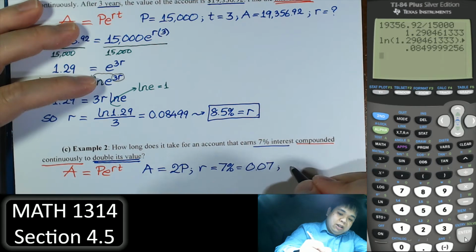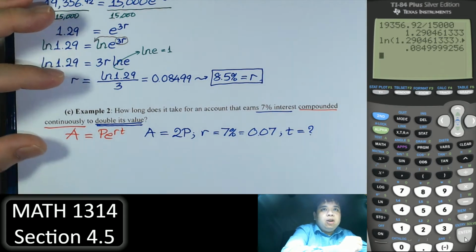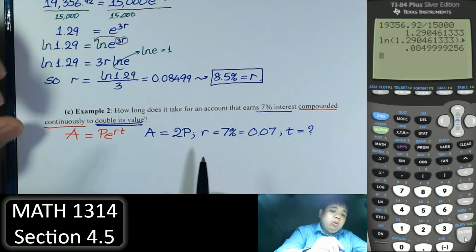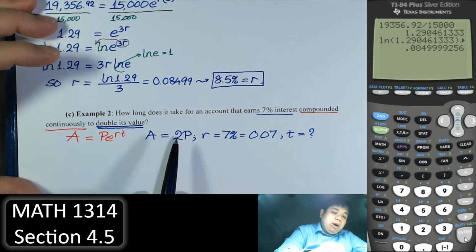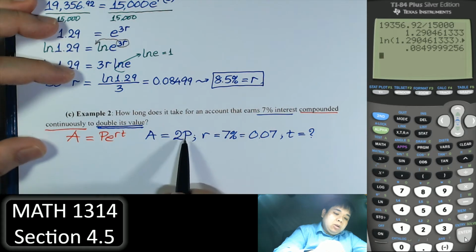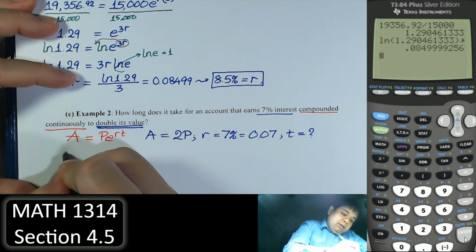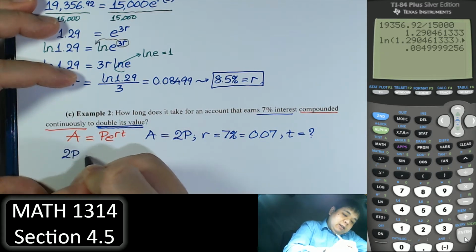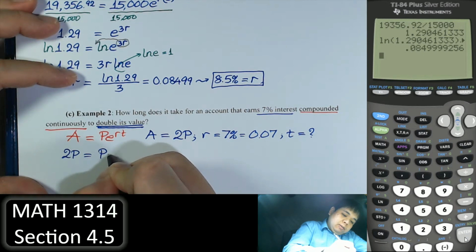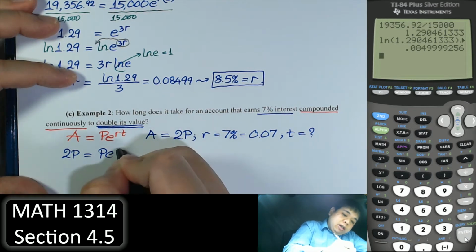And the question asks for how long, so as for t. Right, so that's all we have. It doesn't matter what the principal is, we're going to double that amount, so I'm going to put 2P in for A. We do know the rate.